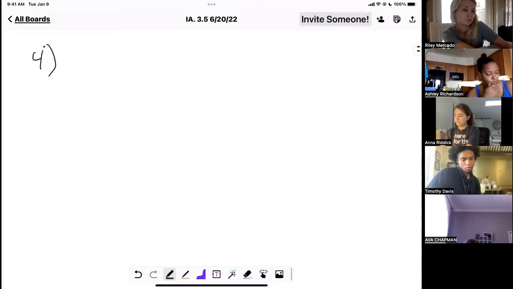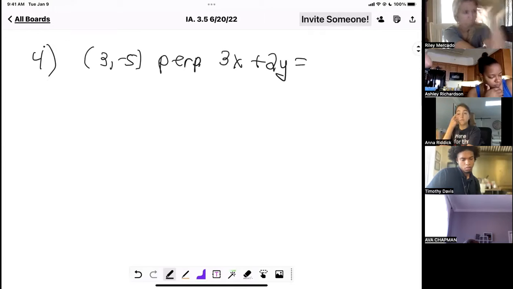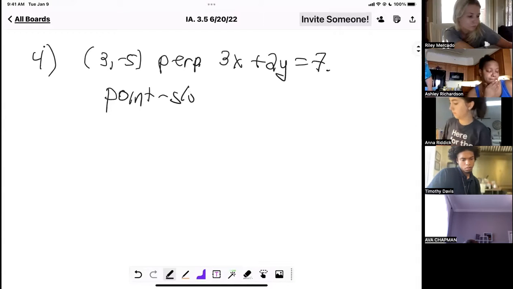It's going to go through the point 3, negative 5. It's going to be perpendicular to 3x plus 2y equals 7. And we're going to write it in point slope form.